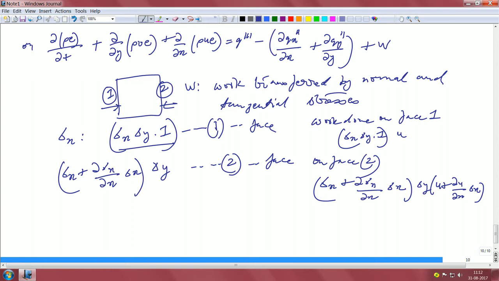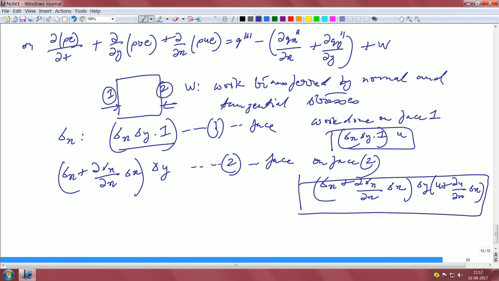So, this is the work that is done on phase 2. Am I right? So, these are the forces, and this is basically the work.